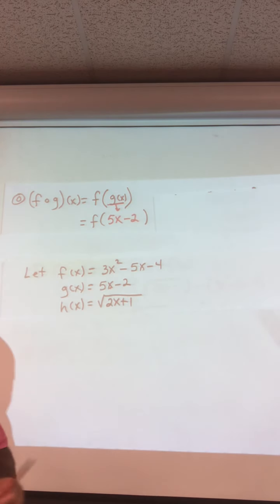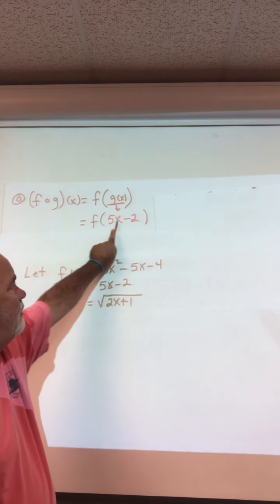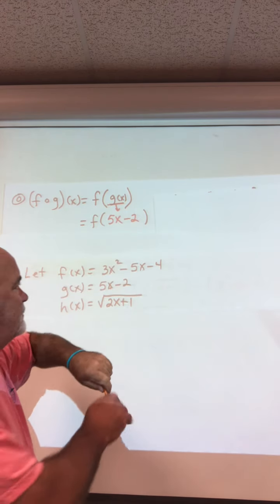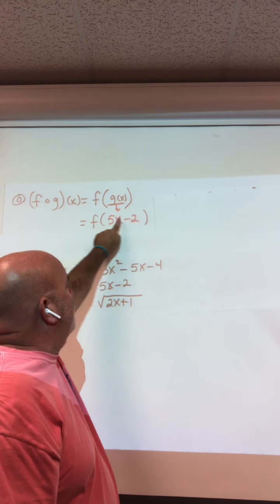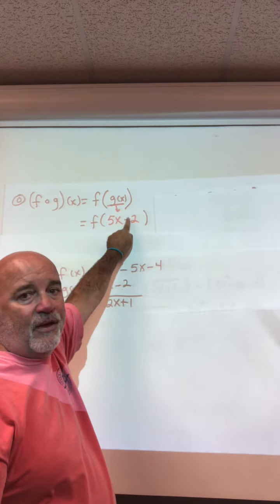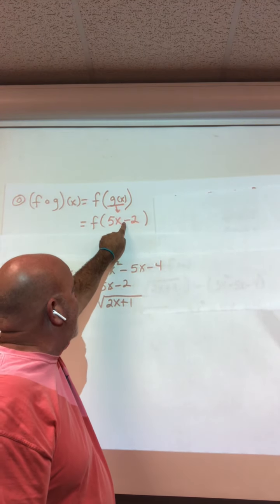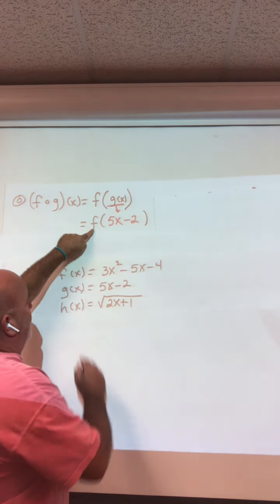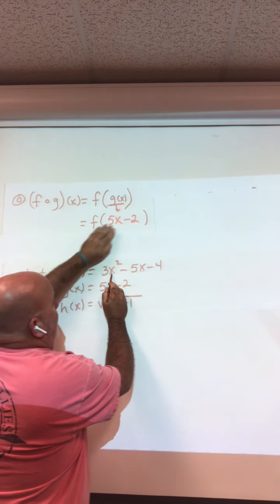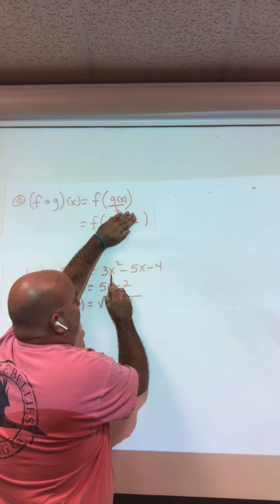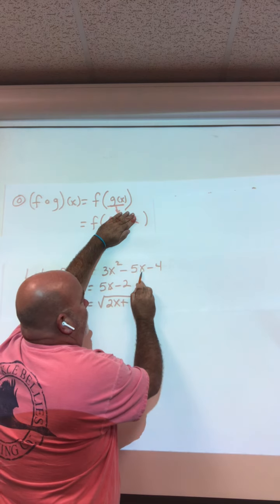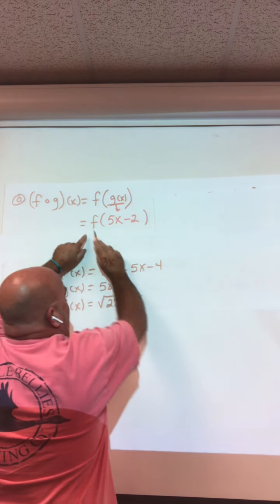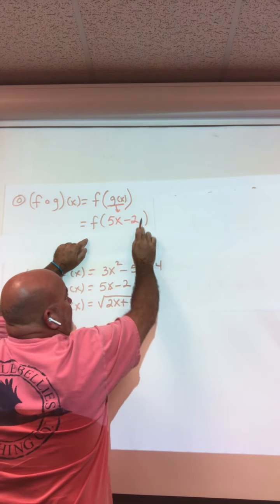Okay. Question before I show you the last step. If this was F of 7, just forget this right now. If this was F of 7, what would you do with that 7? You take that 7, you go to the F function, which is right here, and you put the 7 right here and right there. Well, the only difference is it's not F of 7, it's F of all of this.